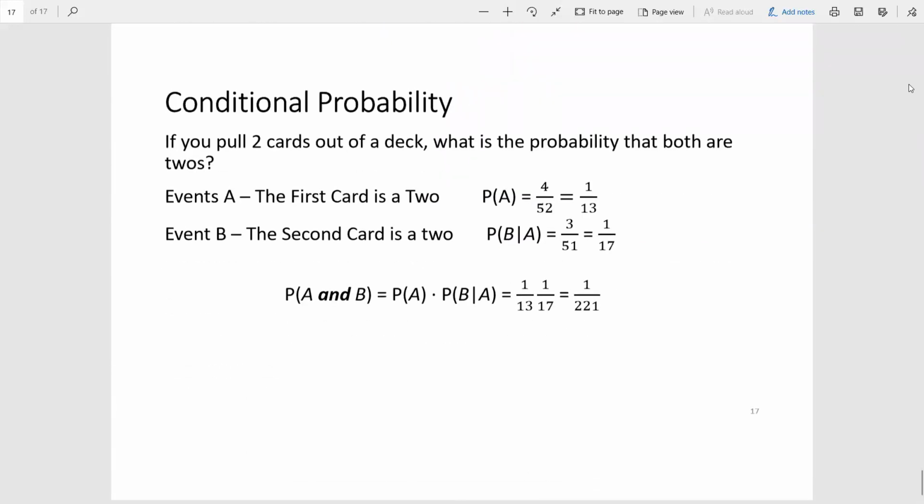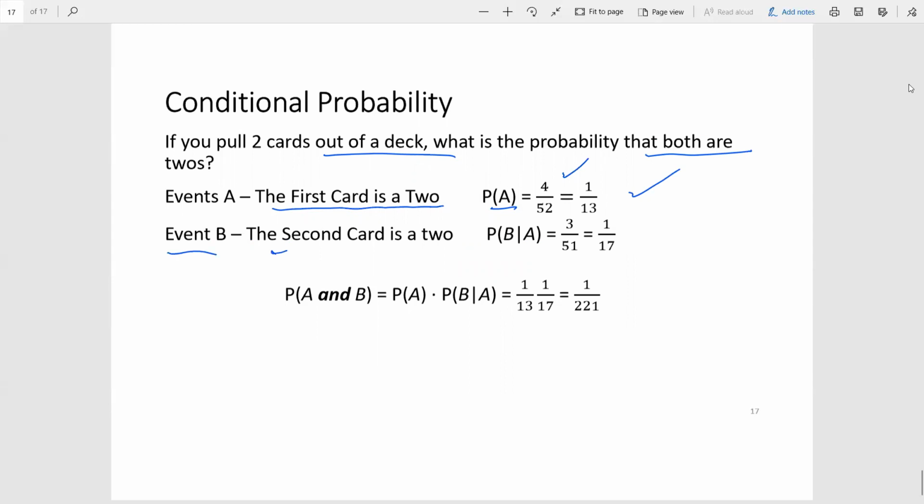If you pull 2 cards out of a deck, what is the probability that both are 2s? Well, let's talk about event A, that the first card is a 2. The probability of A occurring is 4 out of 52 because there are 4 2s. That's 1/13.